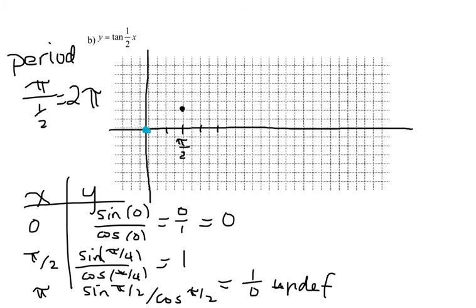And that would be pi, and that's where we're undefined. So I'm going to put in an asymptote. And now this is just the top part of my graph. So it would continue down this way. That means that I have a cycle of here is pi, and that's half a period, which makes sense because I've said that my period is 2 pi.